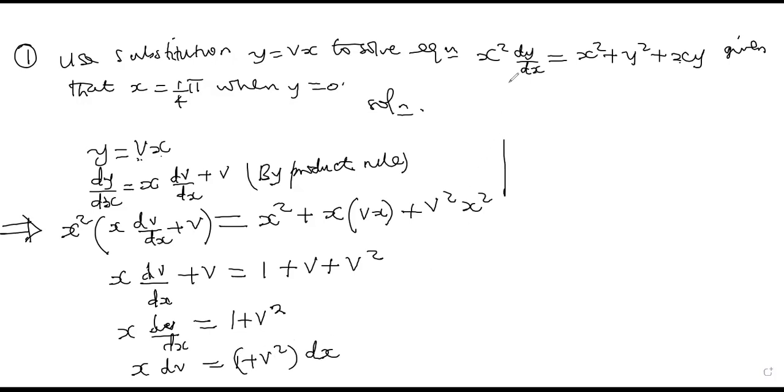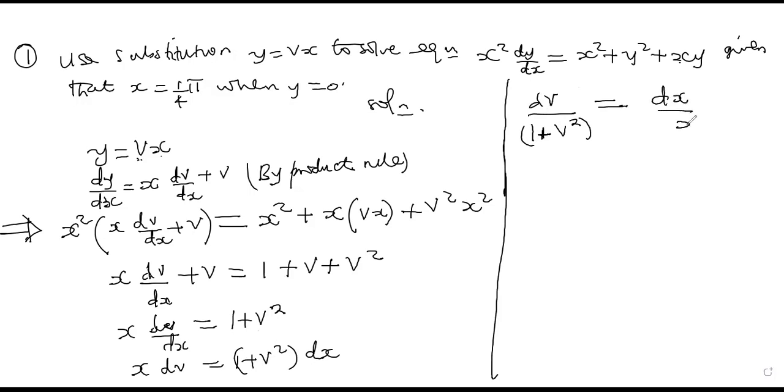So when you separate that, we shall have dv over 1 plus v squared is equal to dx over x.